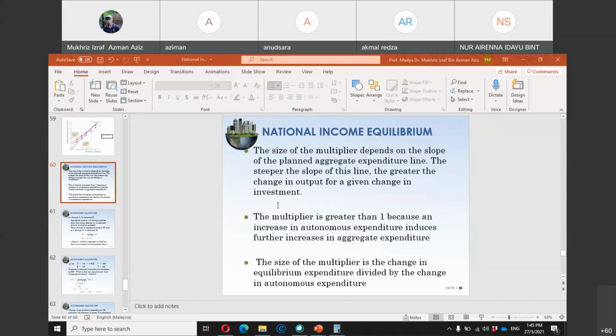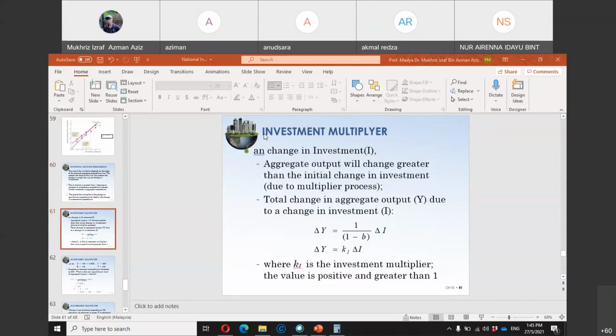First we look at the investment multiplier. Just for a quick note, the investment multiplier formula will be the same approach as the government multiplier. If you want to calculate the investment multiplier, the same process is used to calculate the government multiplier.